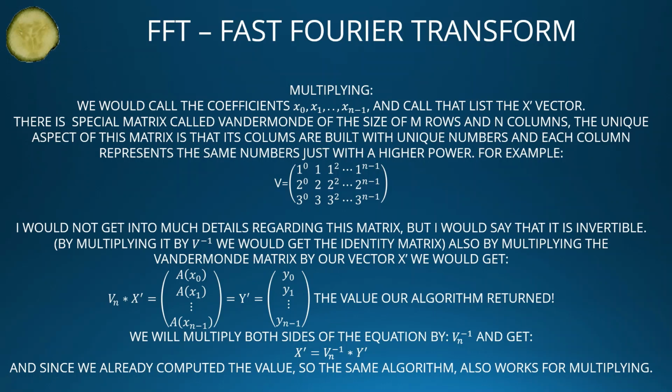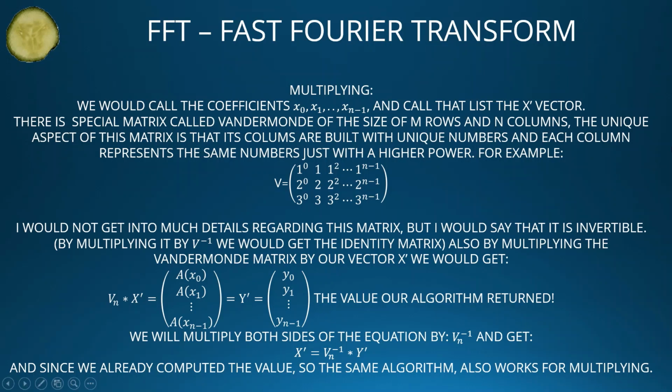I would not get into much detail regarding this matrix, but I would say that it is invertible. I mean, by multiplying it by V minus 1, we would get the identity matrix.